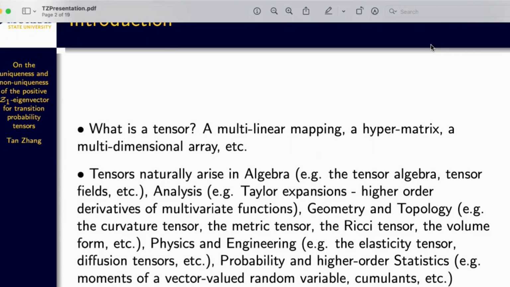Just like in linear algebra, an abstract linear mapping can be identified with a concrete matrix or a two-dimensional array. Tensors naturally arise in algebra, analysis, geometry and topology, physics and engineering, probability, and higher order statistics.